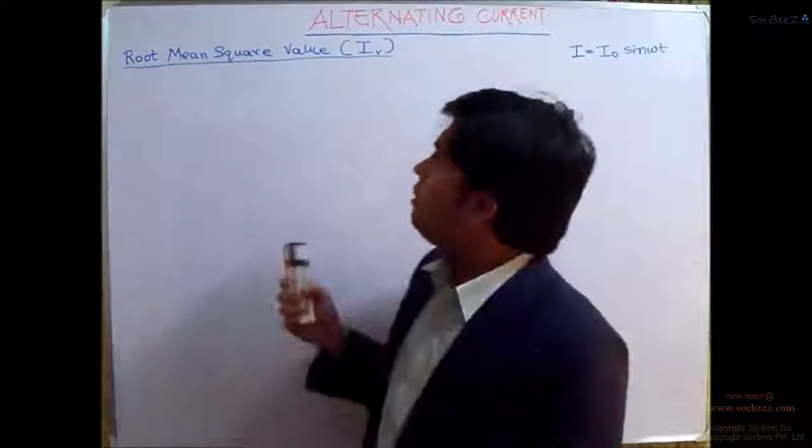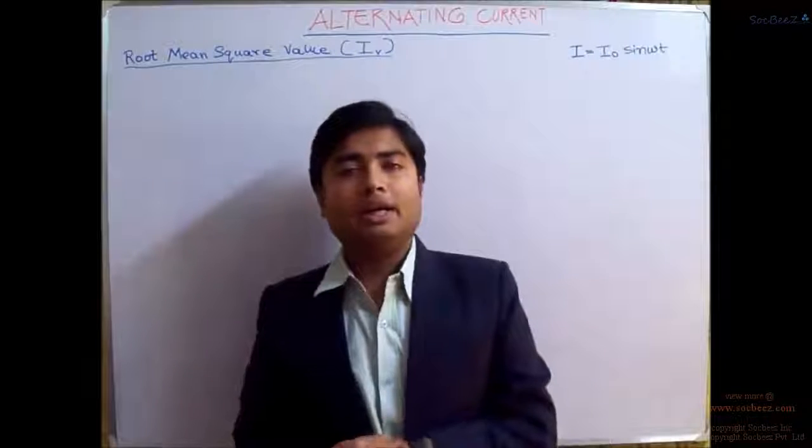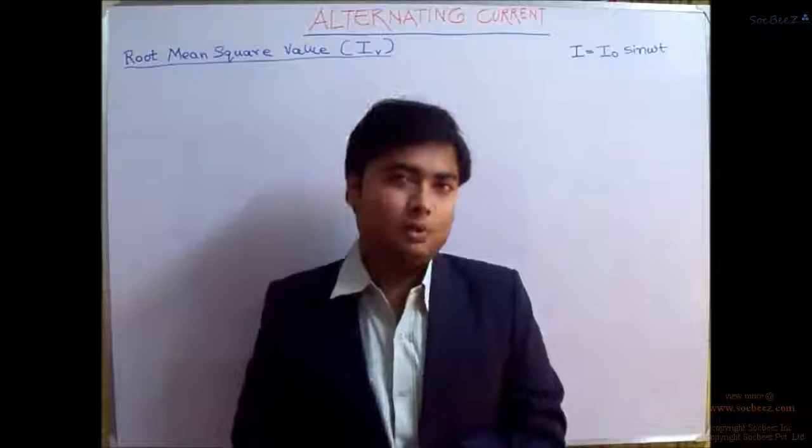Now what does the root mean square value of an alternating current basically tell us?